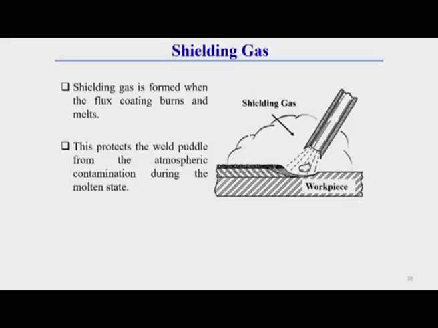As I have already told you, shielding gas is generated due to the burning of the flux cover. Once the flux cover burns, it produces some gases. These gases protect the molten pool, or molten puddle, from atmospheric contamination. That's why it acts as a shielding medium, that is, shielding gas.